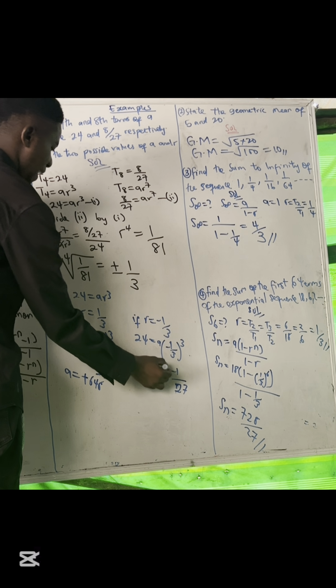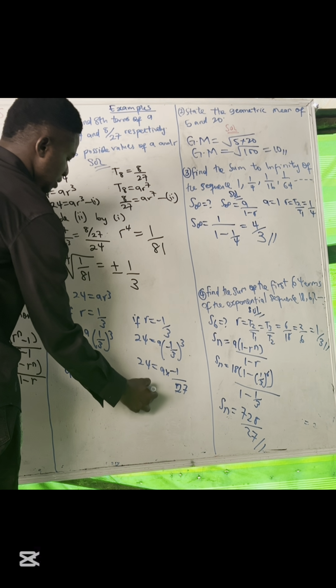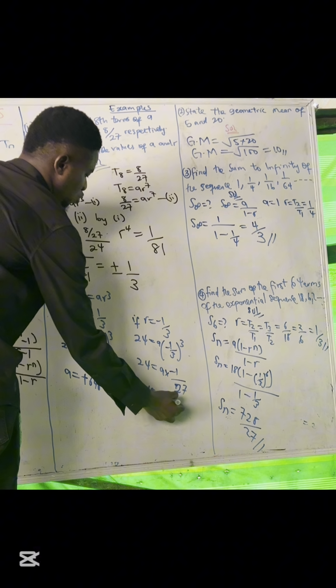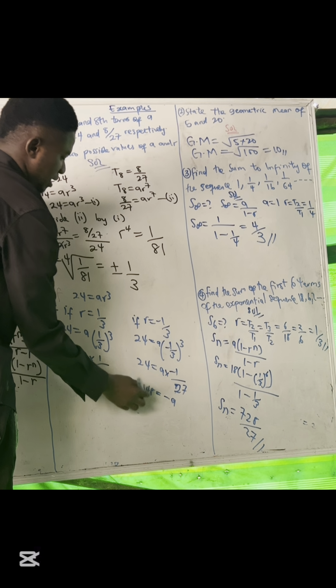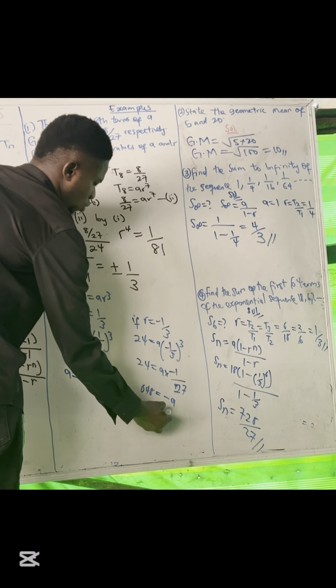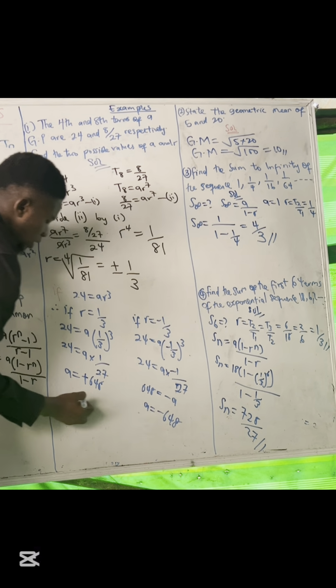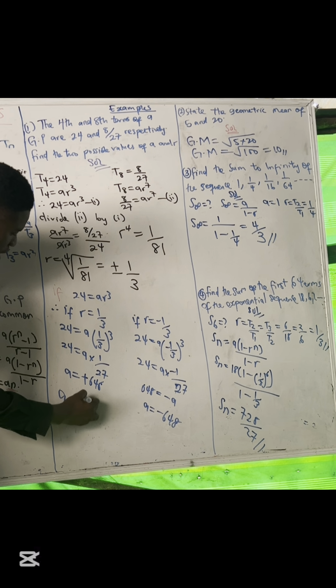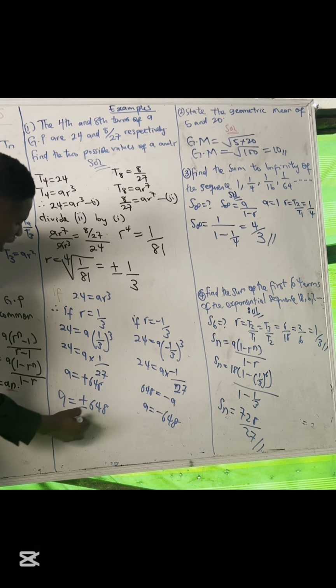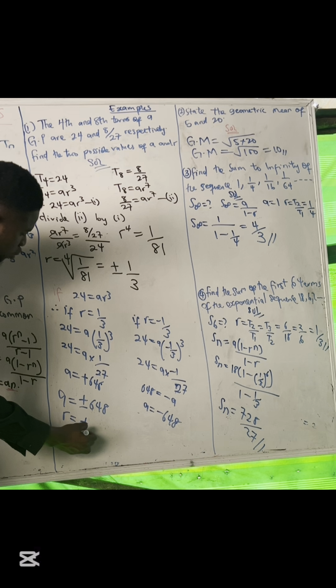So cross multiply, that will be 648 is equals to minus A. Bring this minus to the other side, then A is equals to what? Minus 648. So the two possible values for A is plus or minus 648. And the two possible values for R is plus or minus 1 over 3.